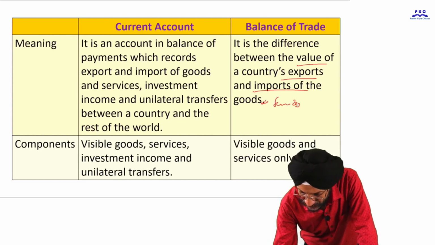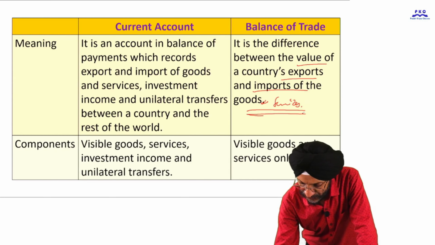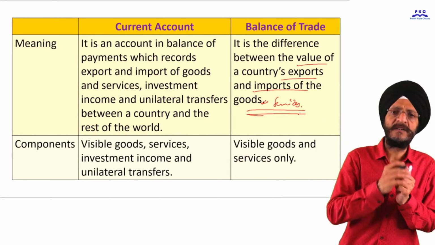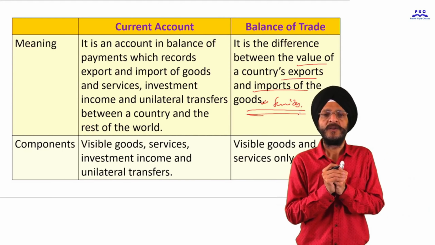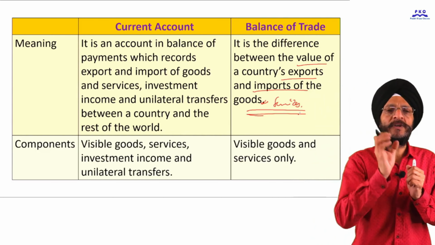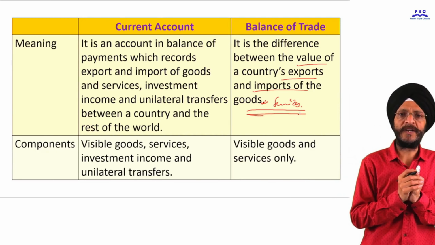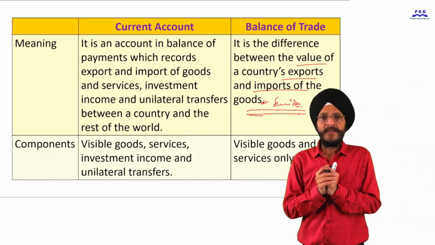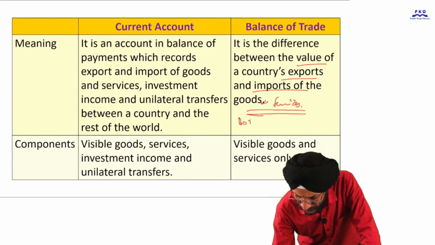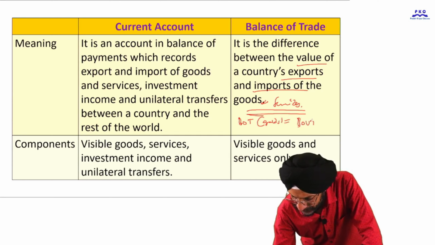If we say that balance of trade is only concerned with export and import of goods, it is the narrower definition of balance of trade. If balance of trade is only concerned with goods, then it may also be called balance of visible trade.